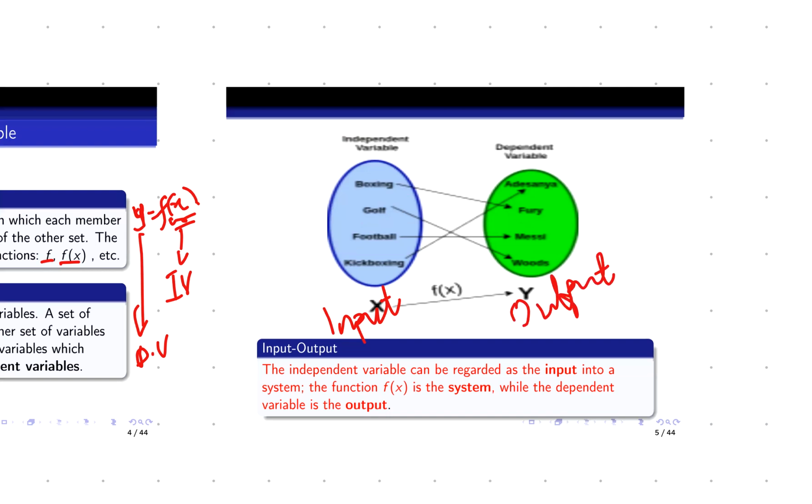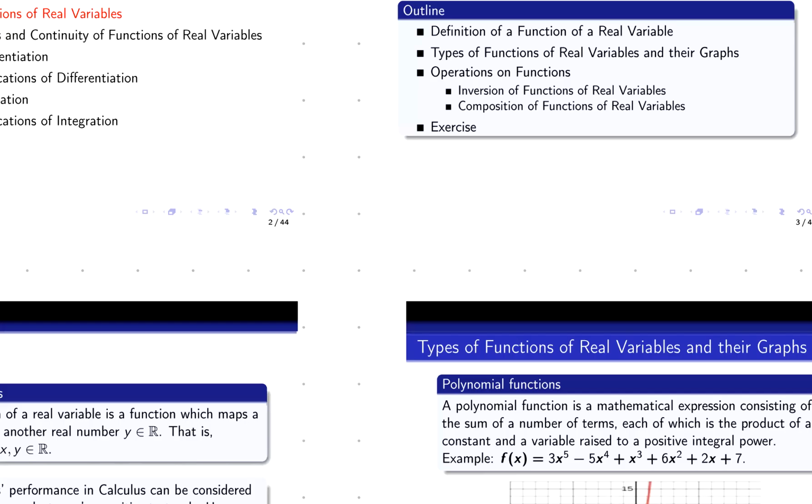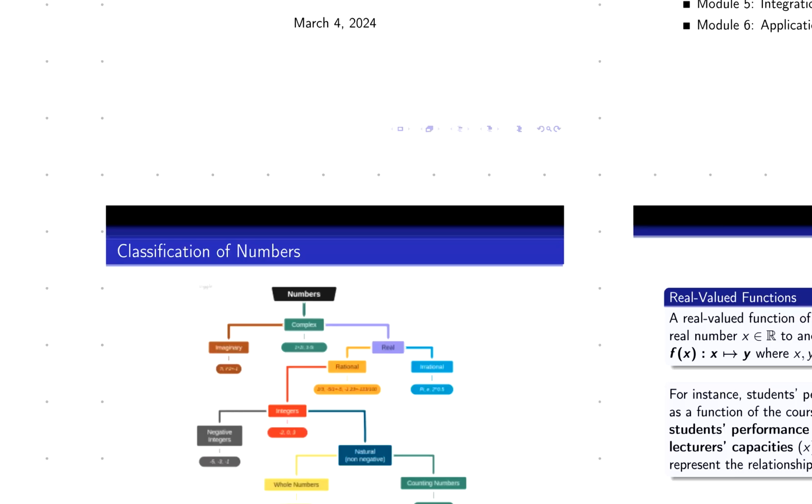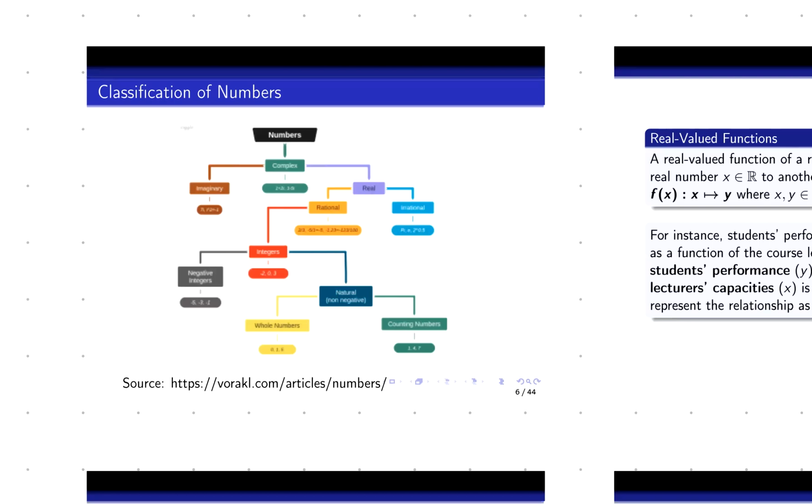So you feed the input into a system, and then you get an output. That is the kind of thing a function is. Of course, you're still going to see this in real mathematical terms. So let's go to slide 6. Of course, variables can be numbers.